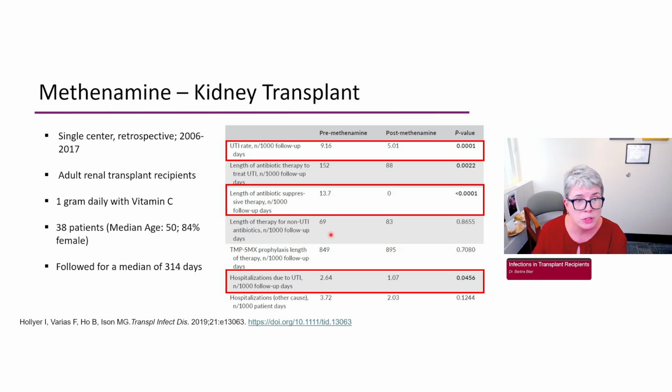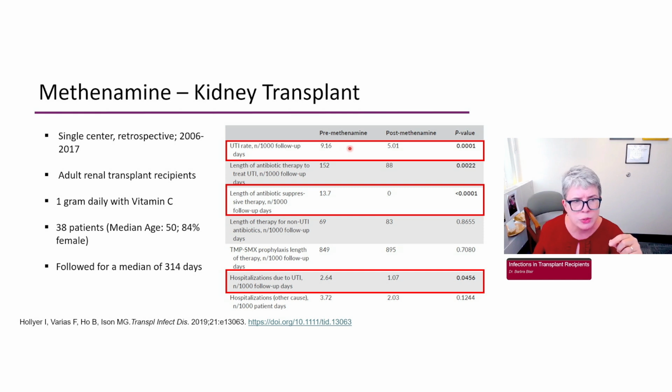And what else? So methenamine, I think people in the past have been worried to use it, but this retrospective study out of Northwestern by Mike Eisen and his group looked at their center and their use of methenamine. The really important parts are surrounded in red.